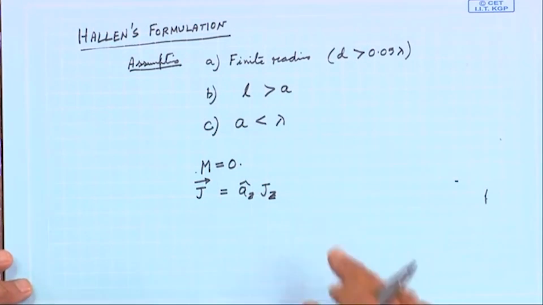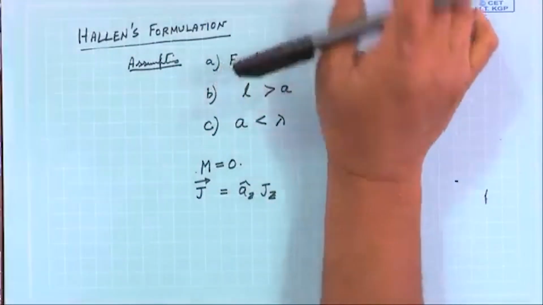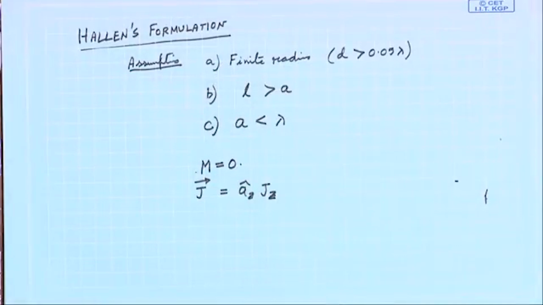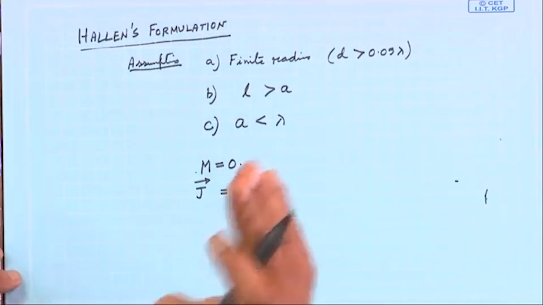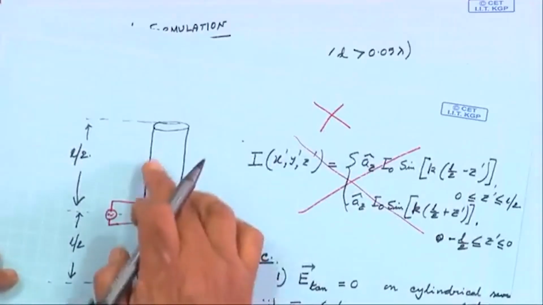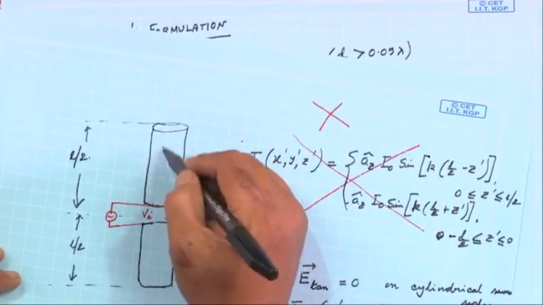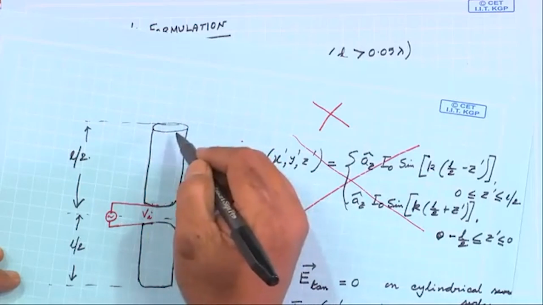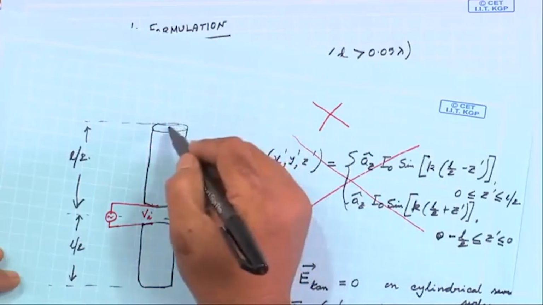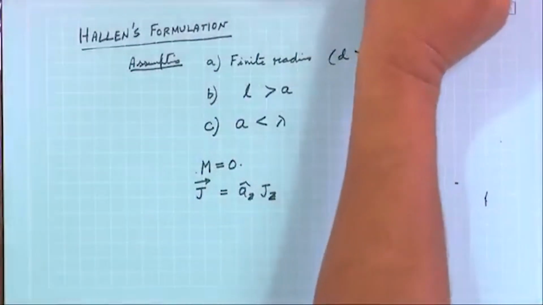Hallen's formulation says that the current typically goes like this. Actually, it is an equivalent thing. Since it is a symmetrical structure, I can have an equivalent current on the axis.